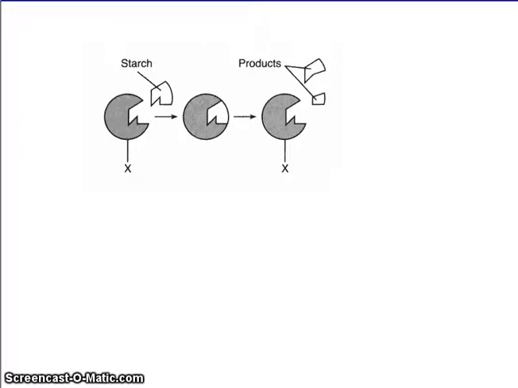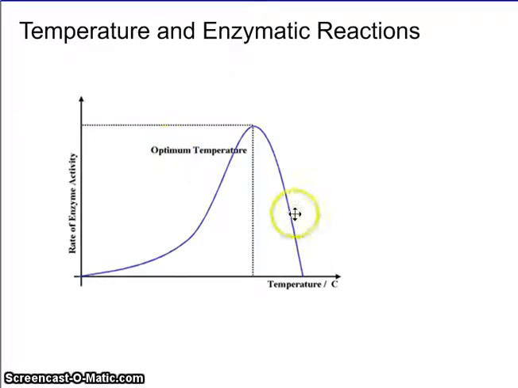Okay, all right. Moving on to temperature. Temperature, you can see, has this optimum temperature. And say if it was the human body, we could see that that would probably be 37 degrees Celsius. And if we go higher than that, you can see a real steep drop off in the reaction rate. Why is that? Well, high temperatures tend to denature the enzyme.